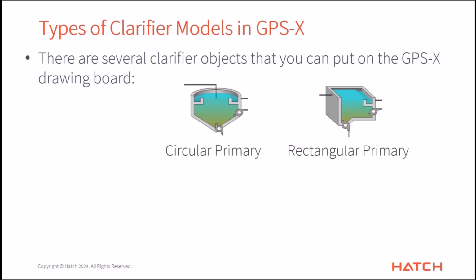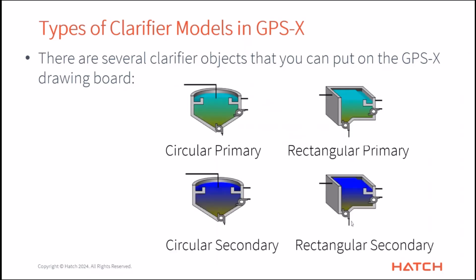So when you put a clarifier on the drawing board, you get to select from several different ones that are there in the process panel on the left-hand side of the drawing board. Conventionally, for almost all the time that I've been working on GPS-X, the green clarifiers are the primaries, and so they're calibrated that way.